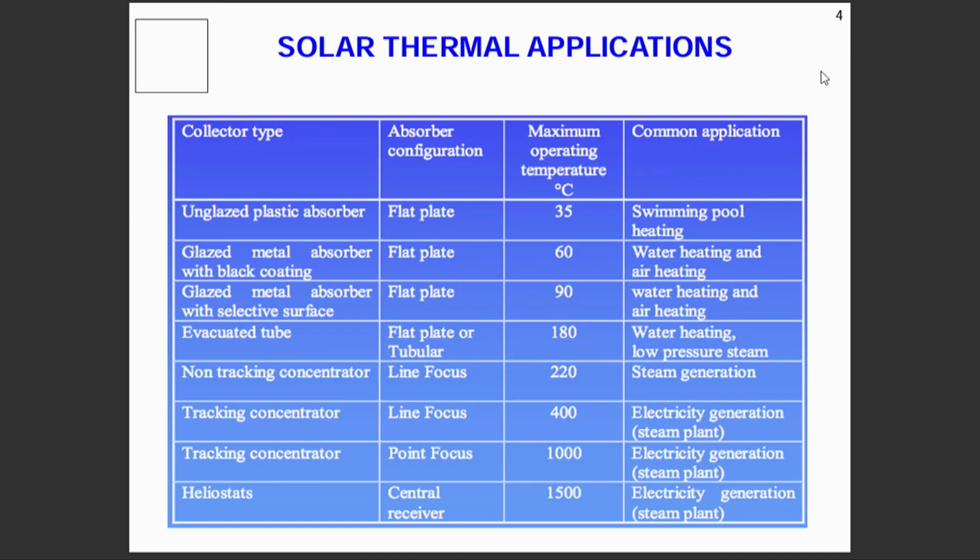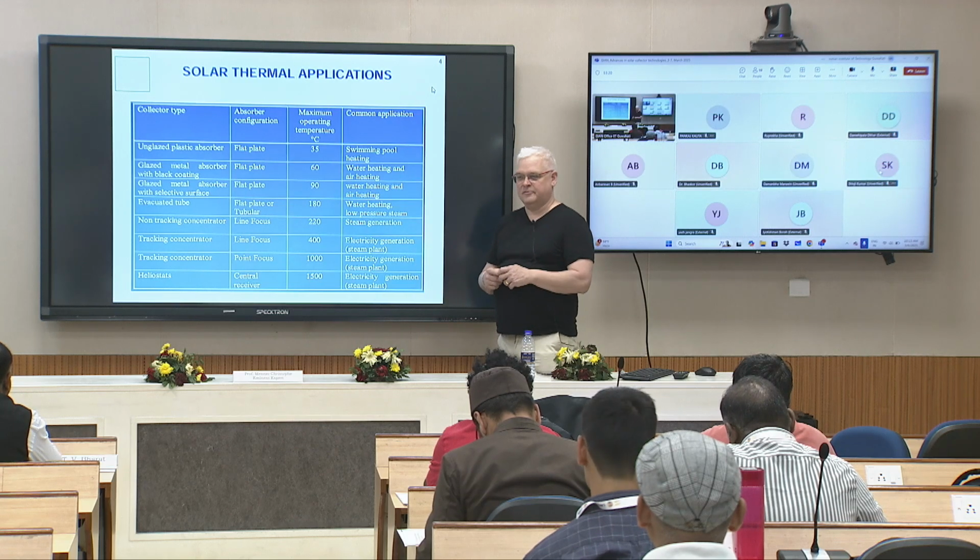There are different technologies of collector types. The simplest is unglazed plastic, like black wire. You can do it in your garden to have a hot shower.